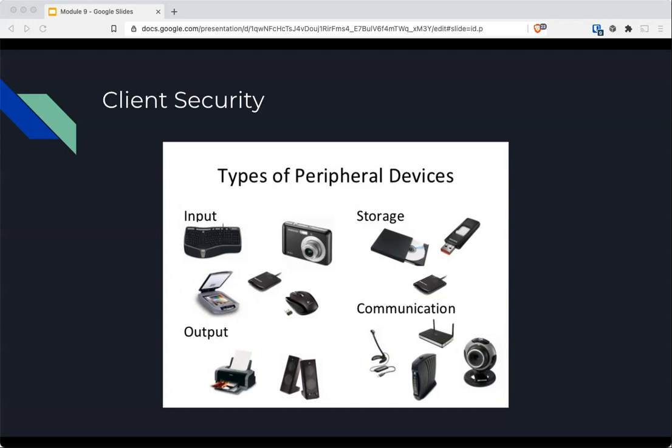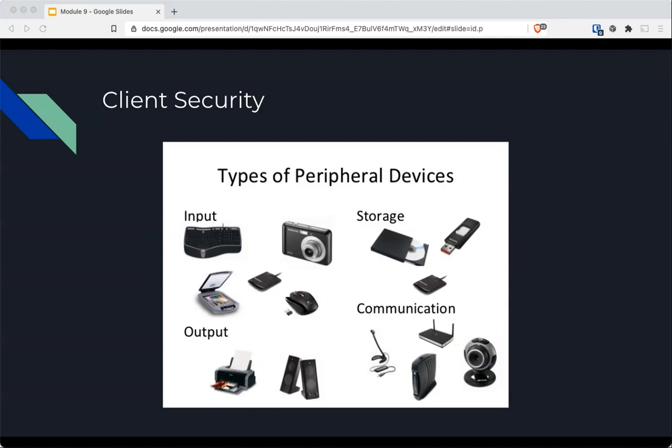But that's not necessarily feasible, since many things like SD cards, external storage, multifunctional devices, and a lot of USB devices require an external connection. So don't just walk into a business and say we're going to prevent any device from connecting via USB, because that may not be the wisest decision.